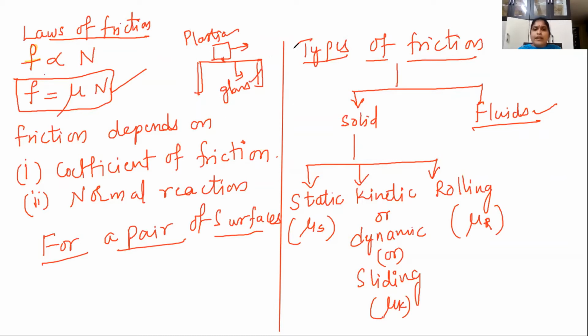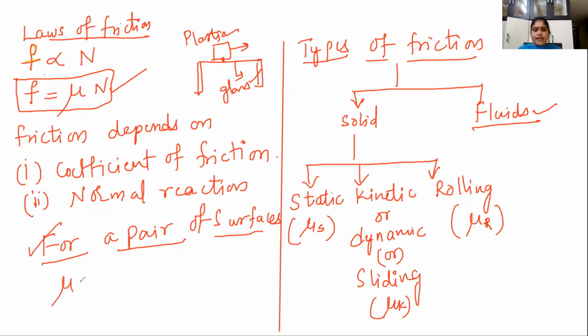So this is one pair of surfaces. Similarly, you can take any pair like glass and wood, wood and steel, plastic and steel. For a pair of surfaces, static friction, kinetic friction, and rolling friction can exist.